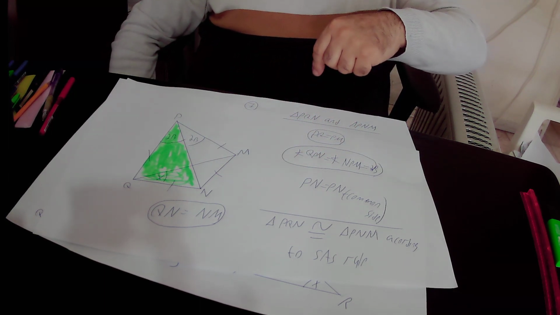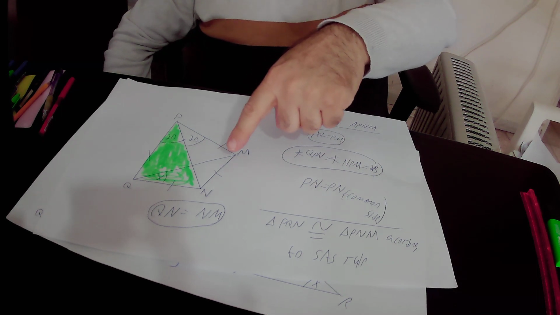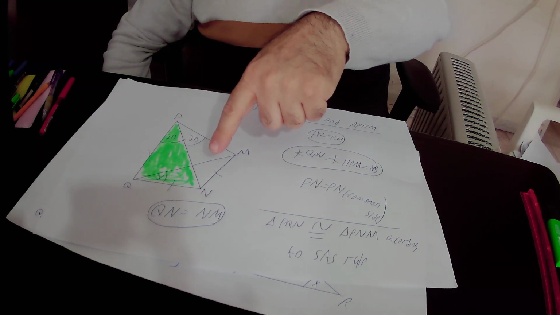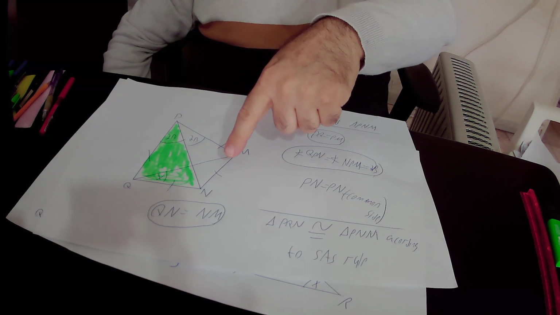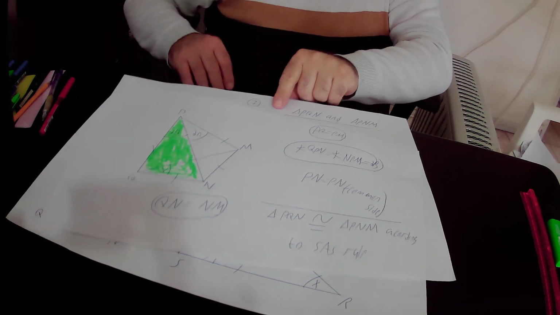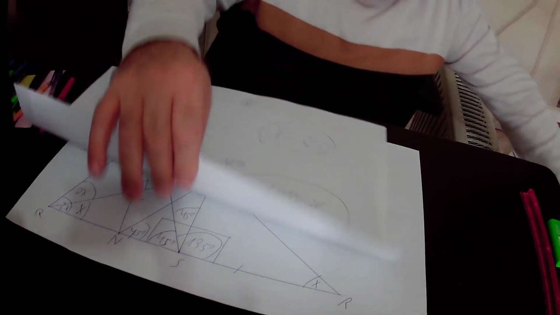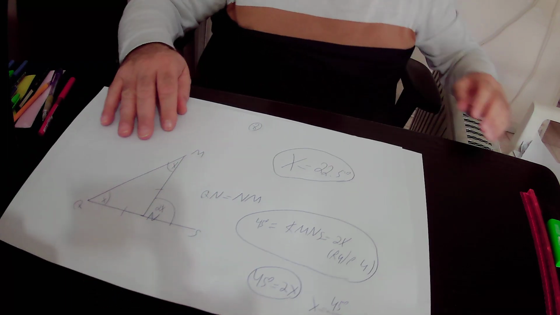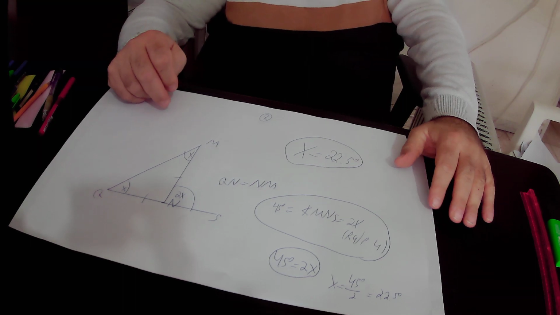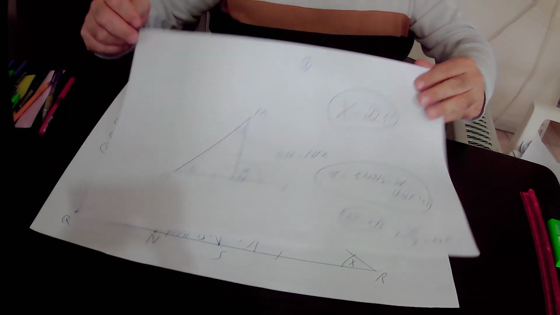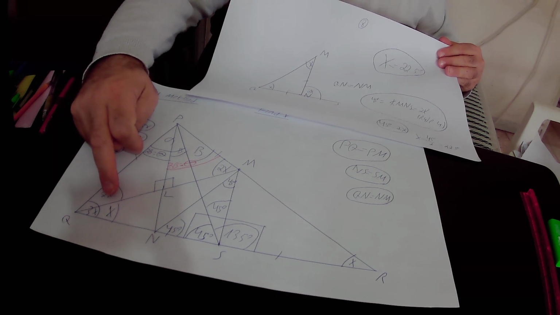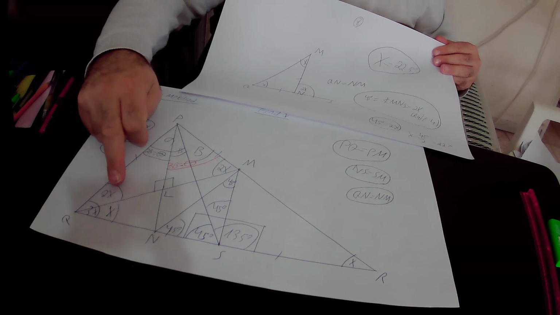QN equals NM. So we connected points M and Q together by a straight line. I drew triangle QMN again on a new page, and we focus on triangle QMN. In triangle QMN, we know that QN equals MN, and we know that this angle MQN equals x.